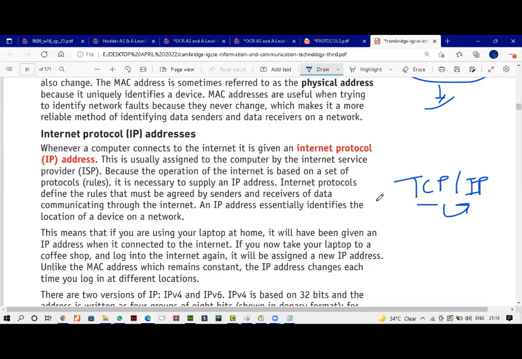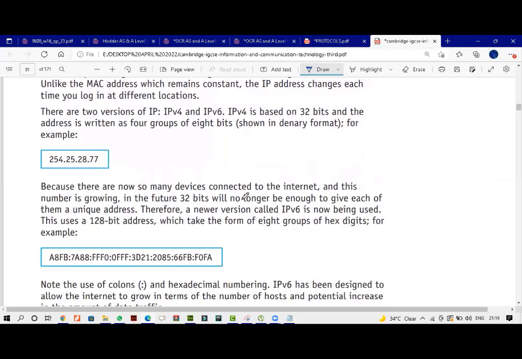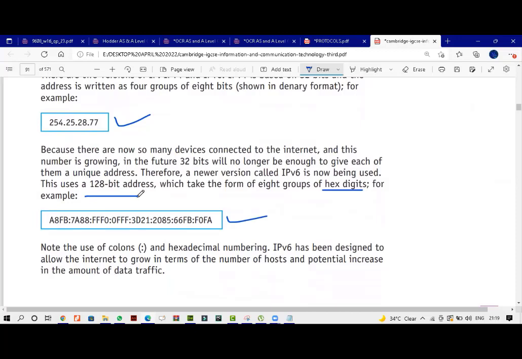IP is basically the address where it's going. Like I just told you, this is your IPv4 address, and this is your IPv6, a hexadecimal. It's 128-bit, or you can even write it as 132-bit as well.